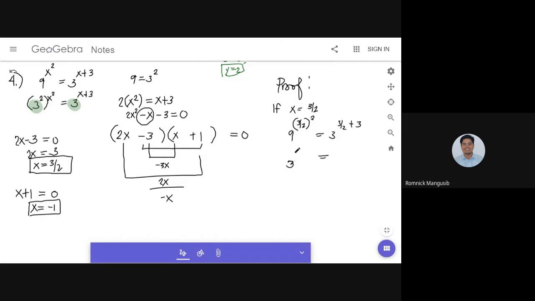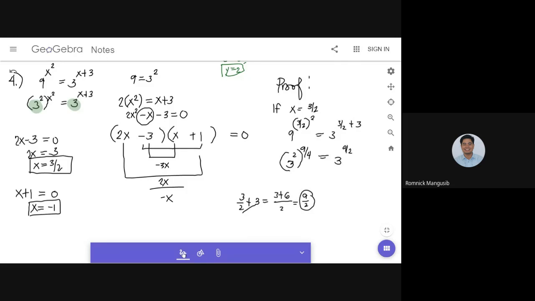Ang 9 ay 3 raised to 2. So when we square 3 over 2 na exponent, that becomes 9 over 4. So this is equal to 3 raised to, cross multiply, 3 over 2 plus 3. Cross multiply 2 times 3, no? 6. So this is over 2. This is equal to 9 over 2, right? So this is equal to 3 raised to 9 over 2, therefore, pares siya sa 9 over 2.